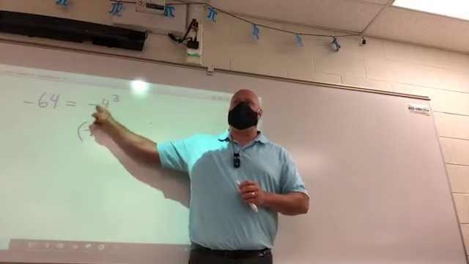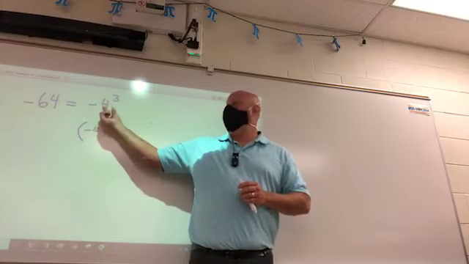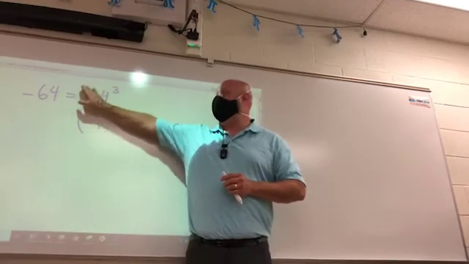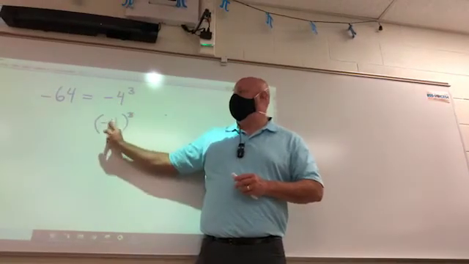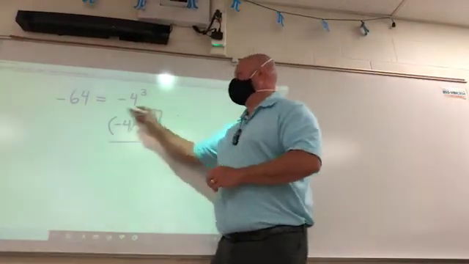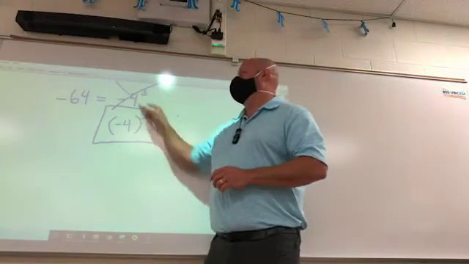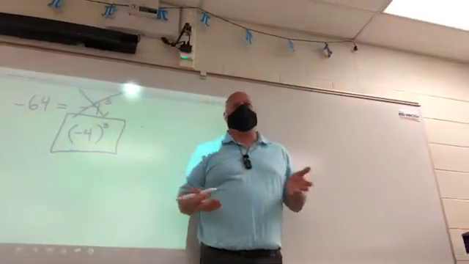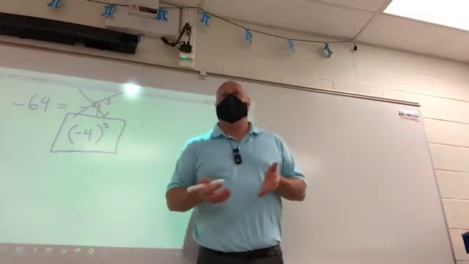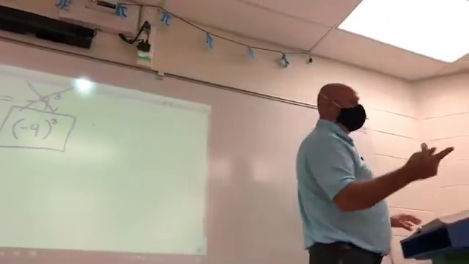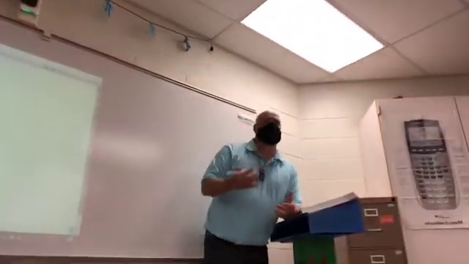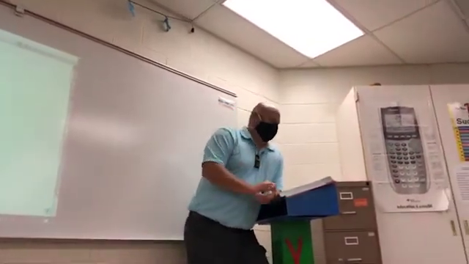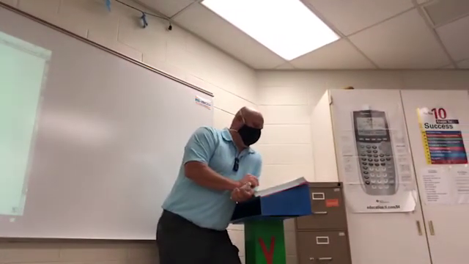What is the only number that's raised to the power? The positive 4, isn't it? That negative is not my base. This is the correct answer, not that one. Even though in this case, are they actually the same answer if you simplify those? Yes, because I'd have 1 negative sign or 3 negative signs. Both are odd numbers. But be careful with those.